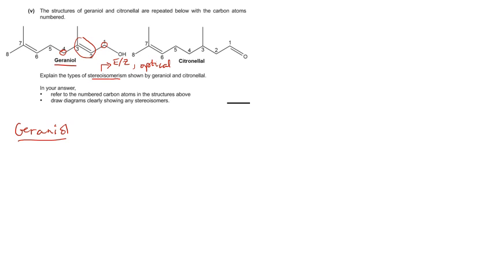So we could draw a diagram of the Z isomer. So first of all, let's clarify that we've got EZ isomerism, and we should draw a Z isomer. So the Z isomer we're going to draw now.